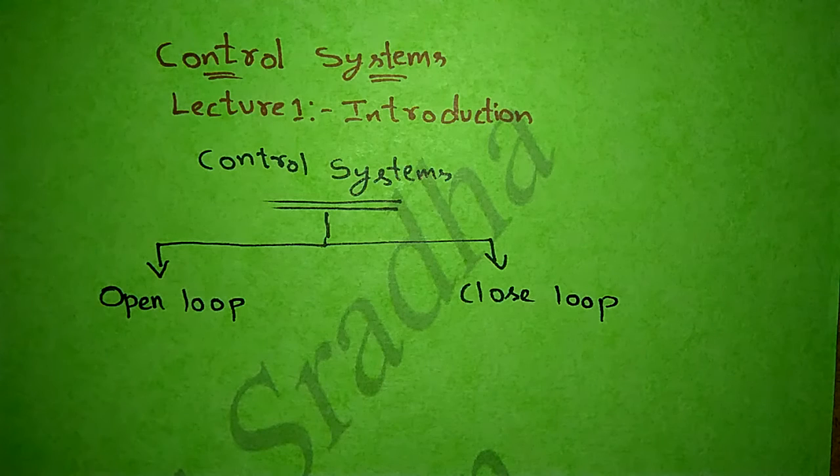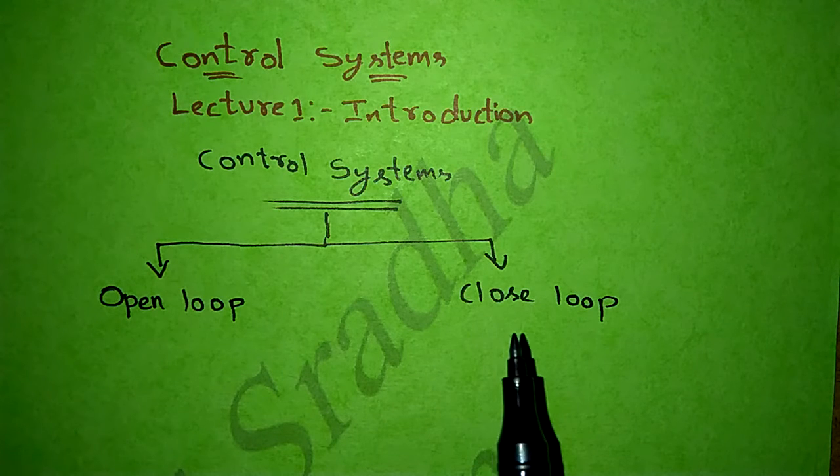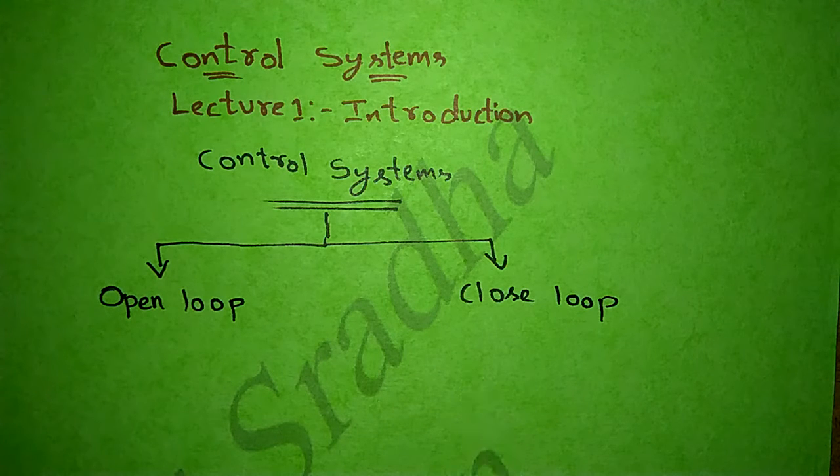The word open loop means there is a system, we give some input to it, and it will process it and give output, that's it. Whereas in the case of closed loop, there is an extra feedback present which monitors the output.